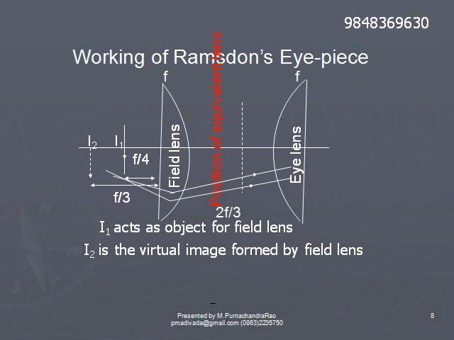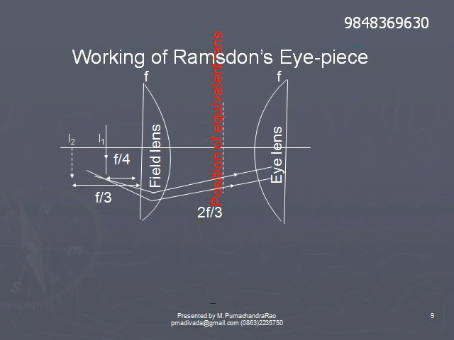Then the rays which are refracted through the field lens fall on the eye lens, and refraction takes place once again. We can consider this image I2, the image formed by the field lens, as the object of the eye lens.